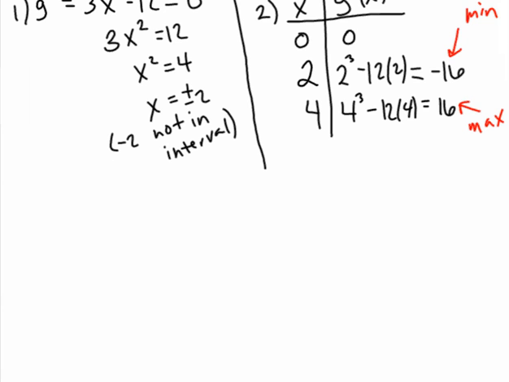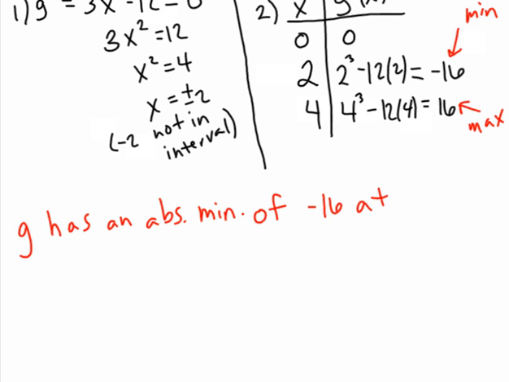So to wrap all of this up and to get full points for this problem, we would go back and kind of restate the problem. They want to know the absolute extrema for the function g. So we want to have a complete thought here. So we're going to say, okay, what function are we talking about? We're talking about g. And it has an absolute min of negative 16 at x equals 2.